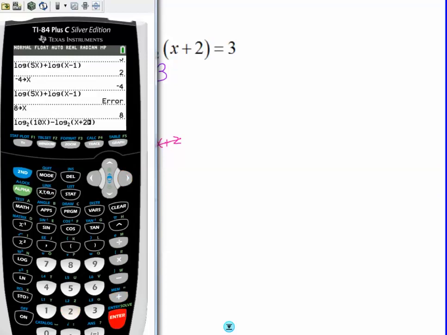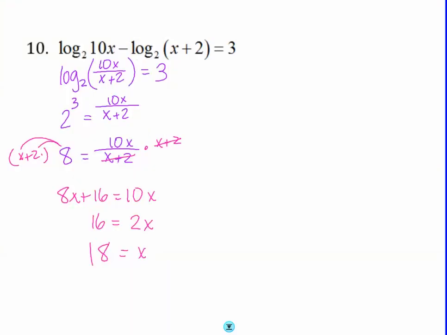Hopefully this equals 3. And it does. So x equals 8 is my final answer.